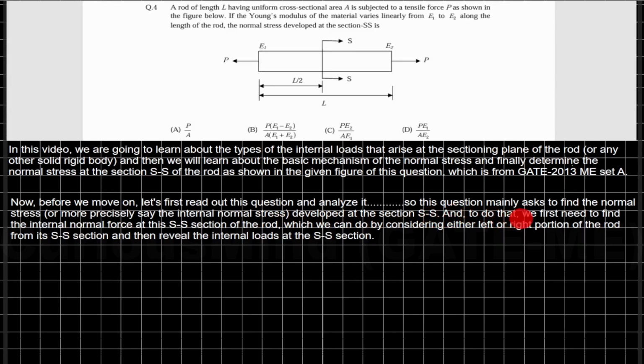And to do that, we first need to find the internal normal force at this section of the rod, which we can do by considering either left or right portion of the rod from its SS section, and then reveal the internal loads at the SS section.